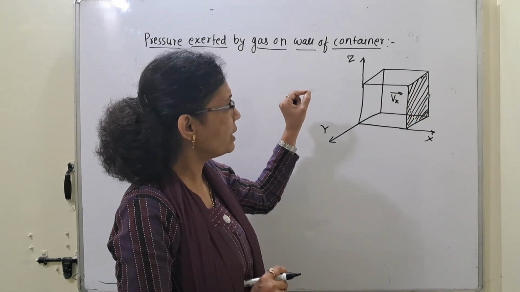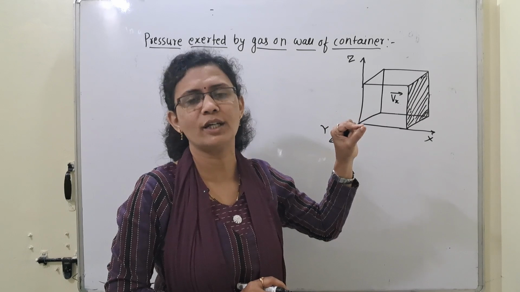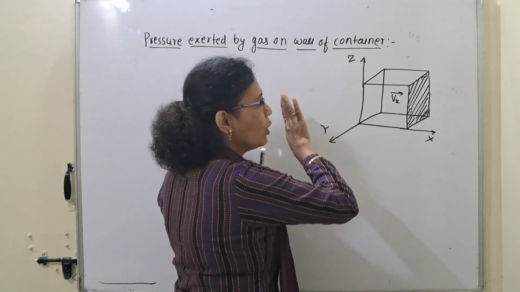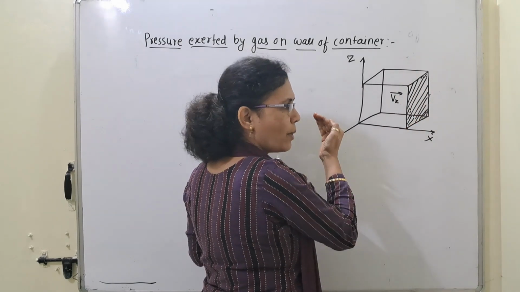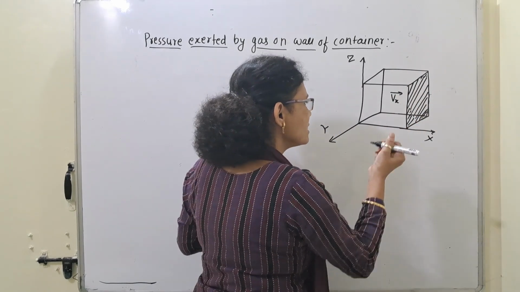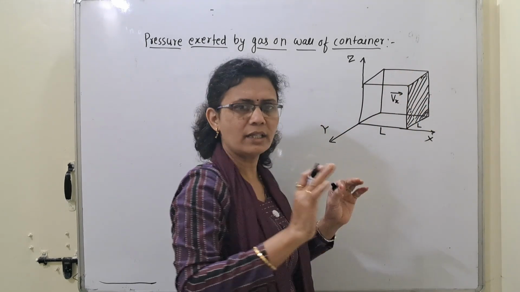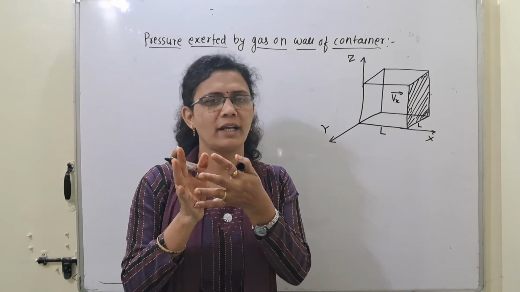There will be a change in linear momentum of this gas molecule. It will collide with the wall and get bounced back. If I consider the length, breadth and height, since this is a cube, they will be the same.